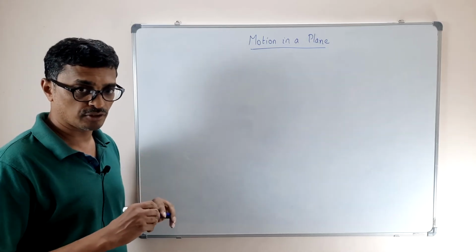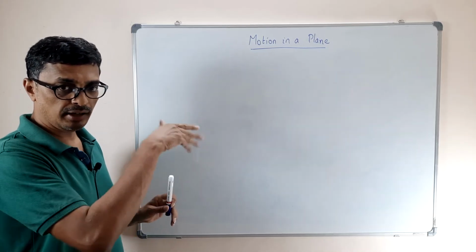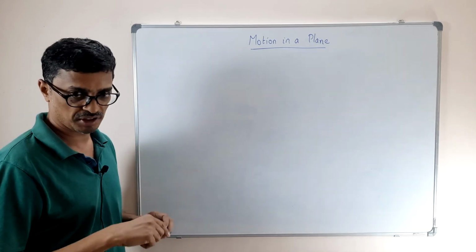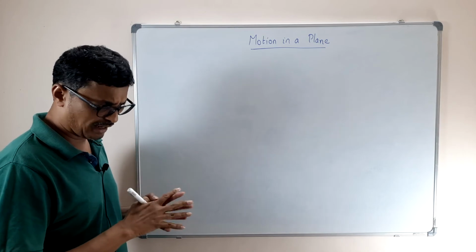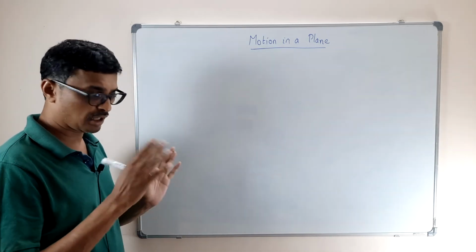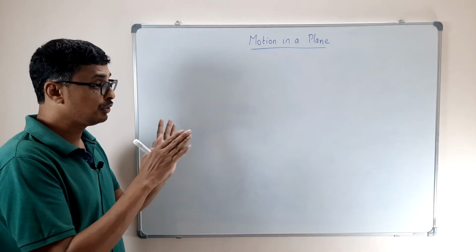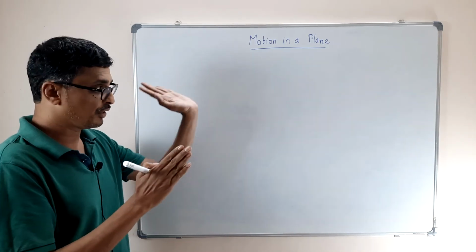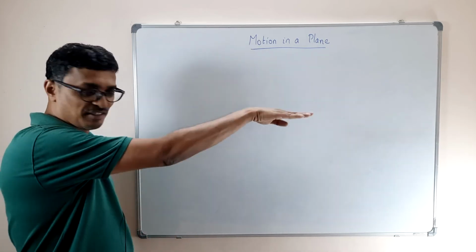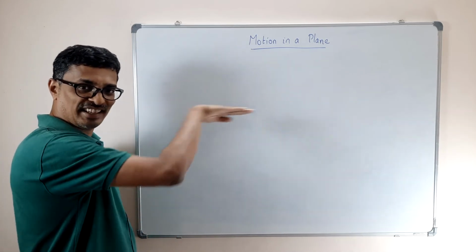After defining this quantity, we can do the equations of motion like we did for the rectilinear motion. In your book they have done a way, but that is not the exact right way of doing. How do you get the equation of motion? Resolve all the quantities into x component and y component. In the x component, everything is a rectilinear motion.